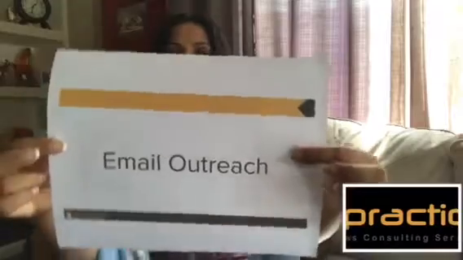Then the email outreach. As you know, you already had that, right? It's not a new feature, but a lot of my clients want to do multiple outreach after they receive the survey score.